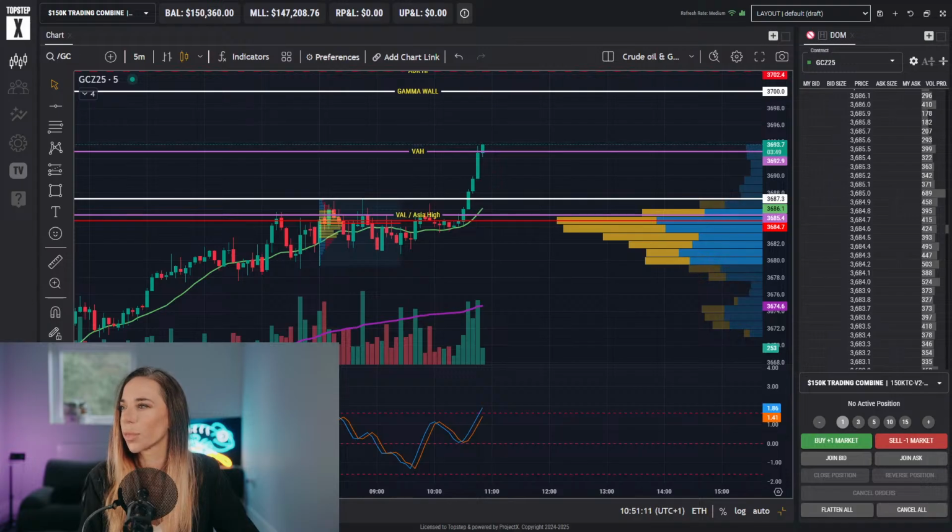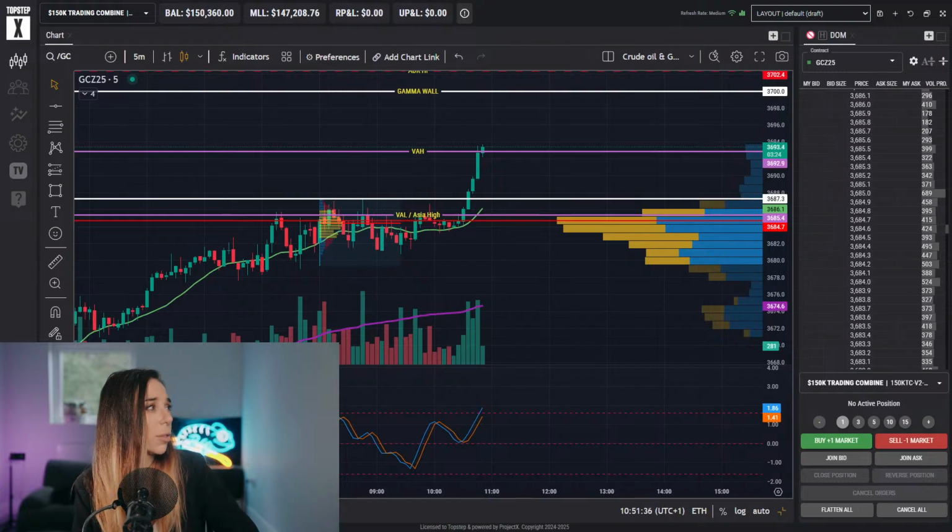Yeah, so some trade wars talk from Europe, talking about sanctions. Yeah, so it looks like Europe is working with the US to introduce sanctions on Russia. That's risk off. That's risk off.